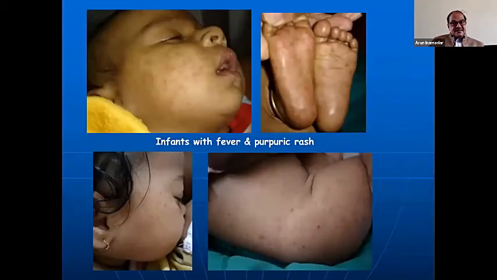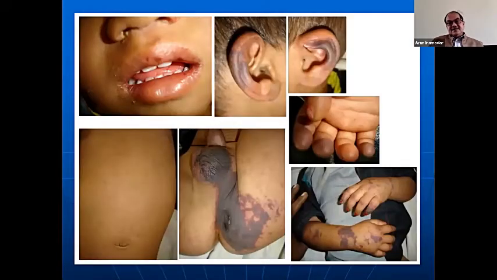In another situation of the same condition, you can get an infant with fever, purpuric rash and face swelling also. And in another situation of the same condition, you can get the external ear, the tip of the digits, or even the scrotum or tip of the nose involved with necrotic lesions like this.